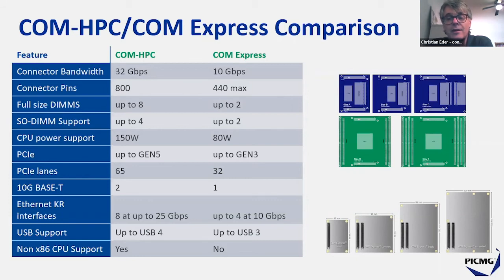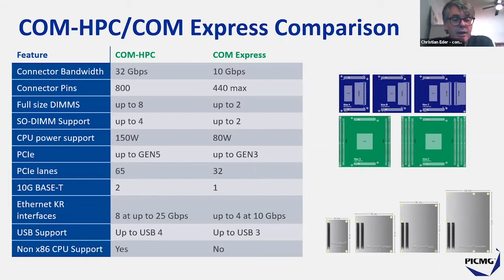So this is really a server type size. Also power consumption: while COM-Express practically is limited to 80 watts, COM-HPC can go up to 150. It's even specified up to 300 watts for the large modules.